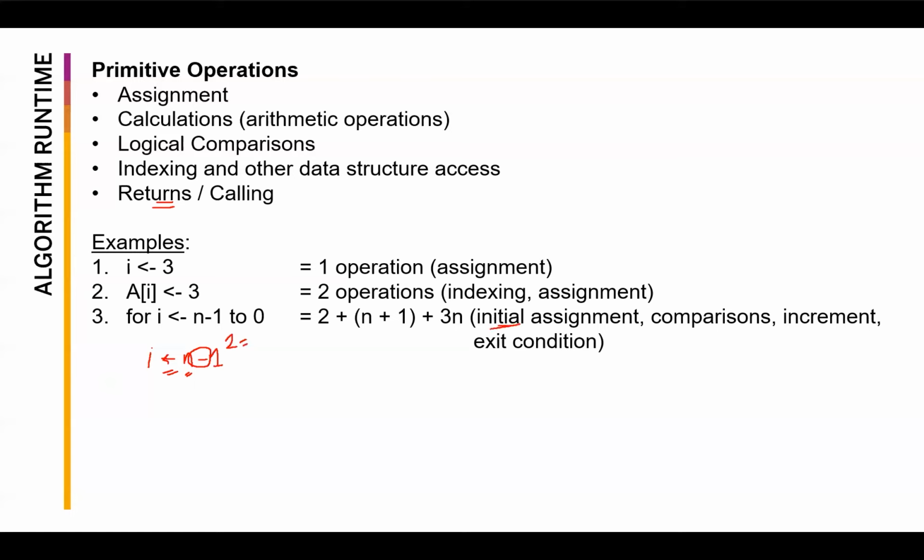Now for comparisons, it will compare whether I has reached 0 or not, because that's the exit condition. If it's still greater than or equal to 0, then it will proceed with the loop. If it goes less than 0, then it will exit the loop.